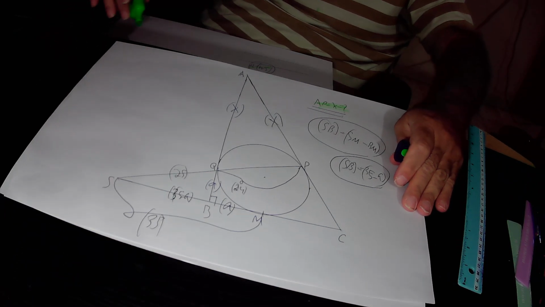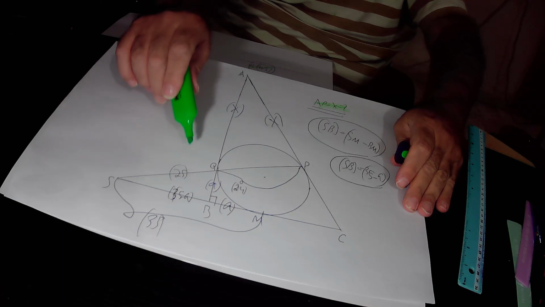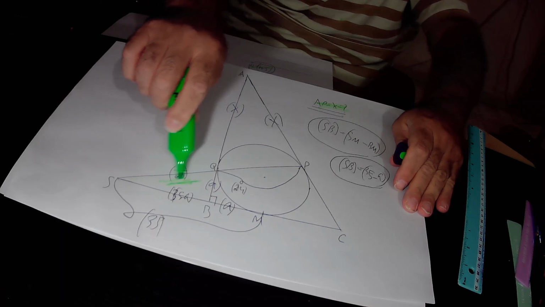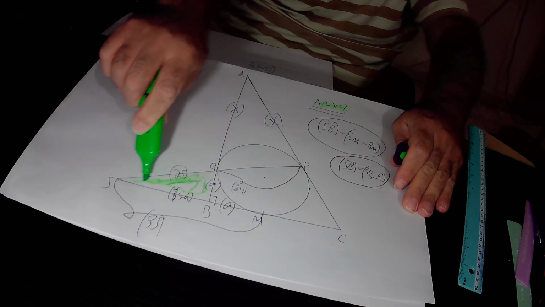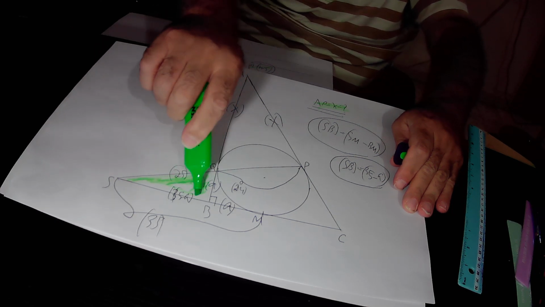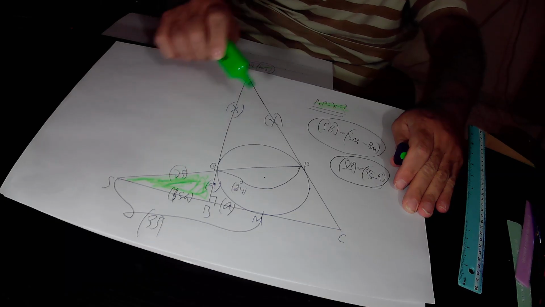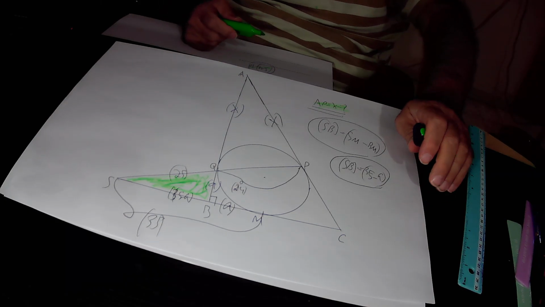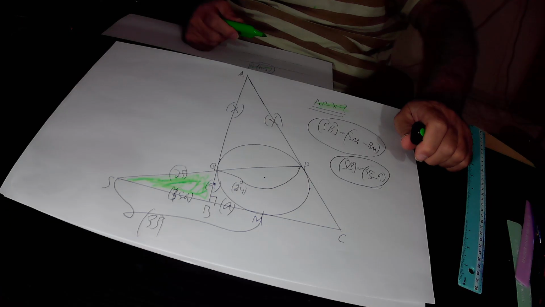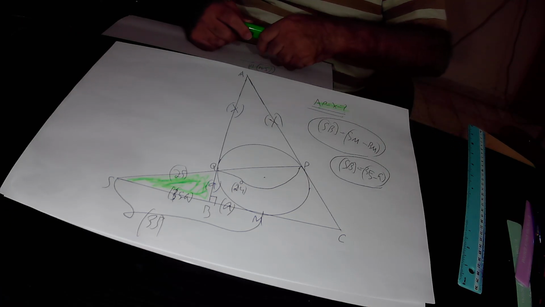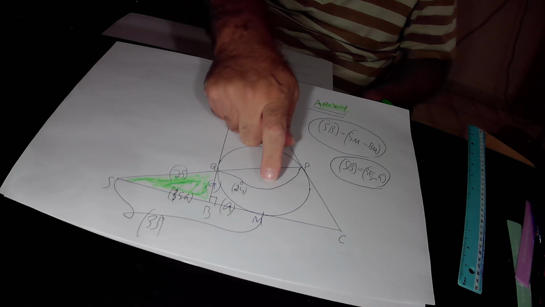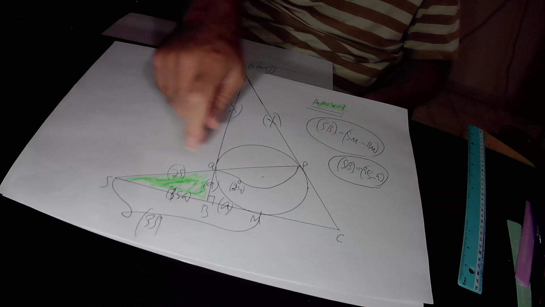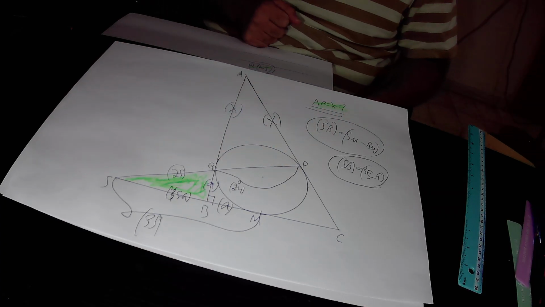In the next step, we implement the Pythagoras theorem. What is the definition of triangle QBS? Is it a right triangle or not? You know that SM is a tangent to this circle at point M. SM as a tangent is absolutely a straight line.